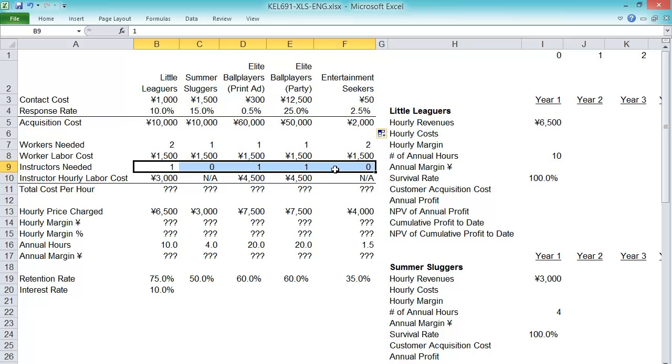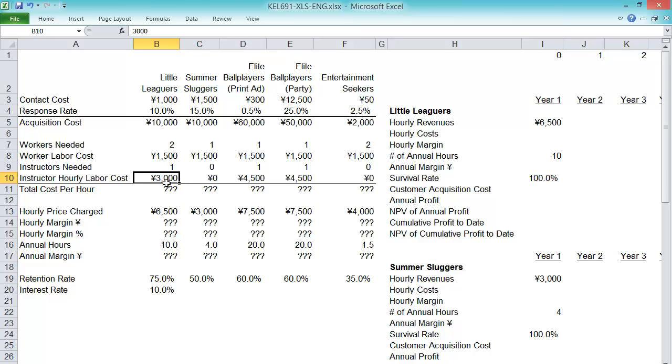For little leaguers and elite ball players, it's a 1. And we're going to take the instructors' hourly labor cost and put the zeros into those no answers. Otherwise, the formulas won't run right away. Remember that the elite ball players had a more expensive instructor, and the little leaguers had a less expensive instructor.